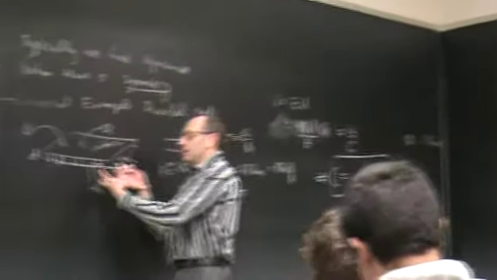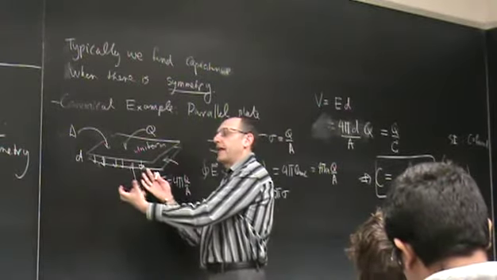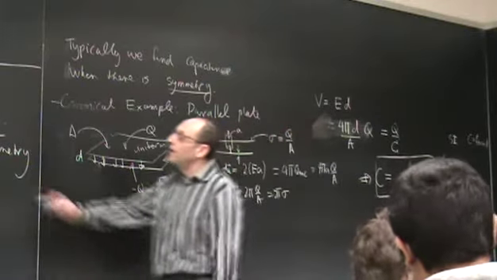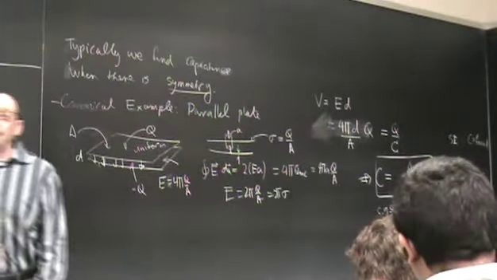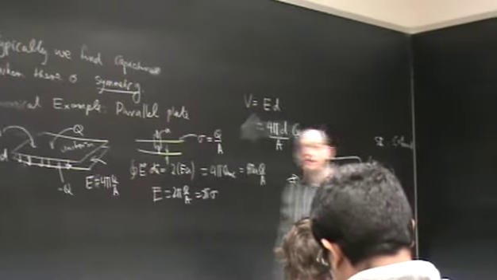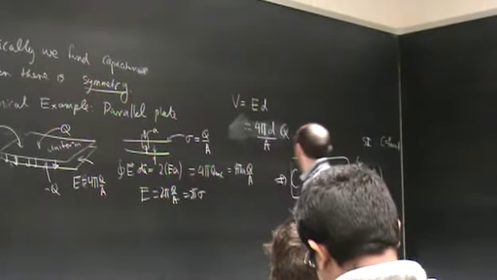All right. Now, of course, a capacitor stores electrostatic energy, right? Because there is work done by the battery in moving charge between the conductors.